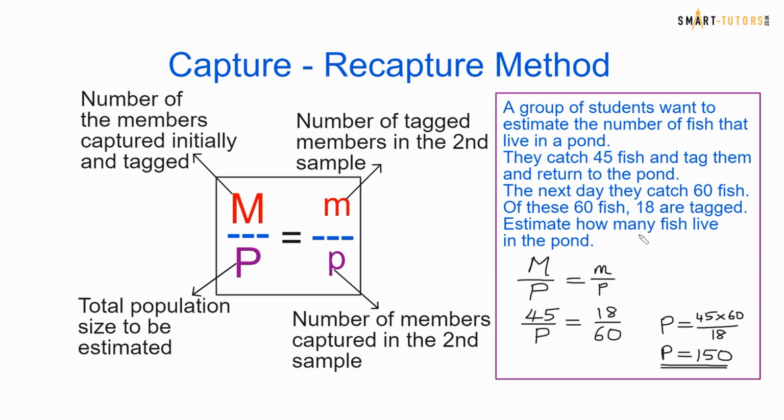Now do a cross multiplication: 18 times P is 18P, which equals 60 times 45. So P equals 60 times 45 divided by 18, so P equals 150. Roughly 150 fish are in the pond.